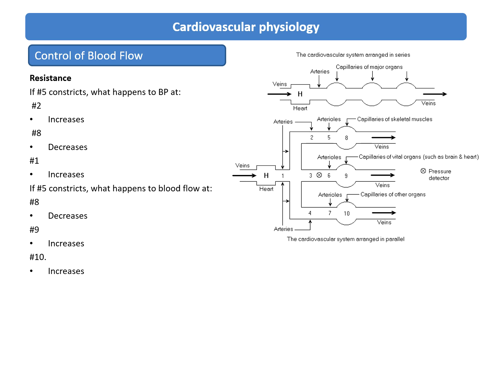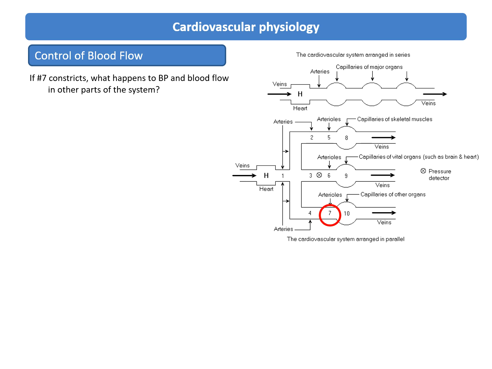If I squeeze the right tube, the flow decreases through that one, but it increases through the left. If number 7 constricts, what happens to the blood pressure and blood flow in other parts of the system? The blood pressure increases and blood flow increases.